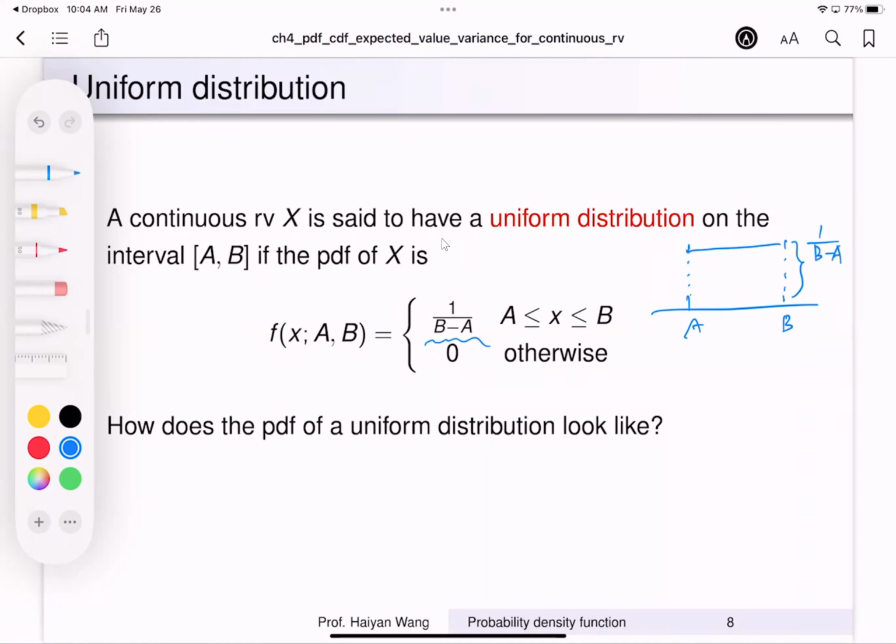Sometimes we also have a discrete uniform distribution. This one shown on the slide is the continuous uniform distribution. What is a discrete uniform distribution?